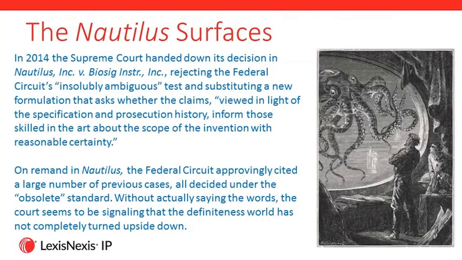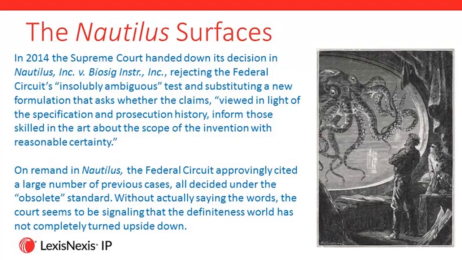So basically what we've got is a situation where for quite some time the Federal Circuit had followed a very patent drafter-friendly standard that in order for something to be called indefinite, the claim had to be insolubly ambiguous.